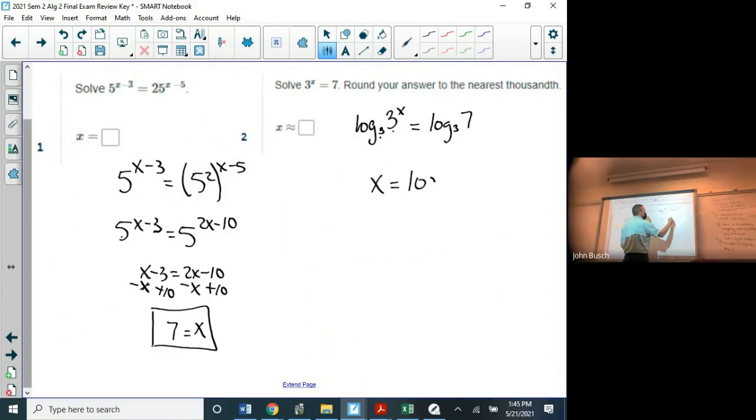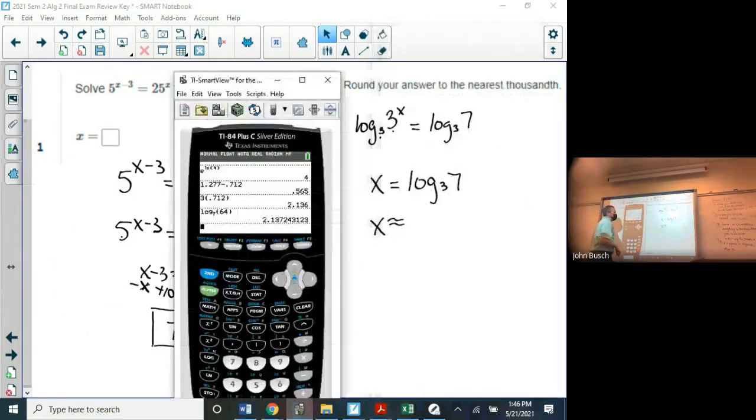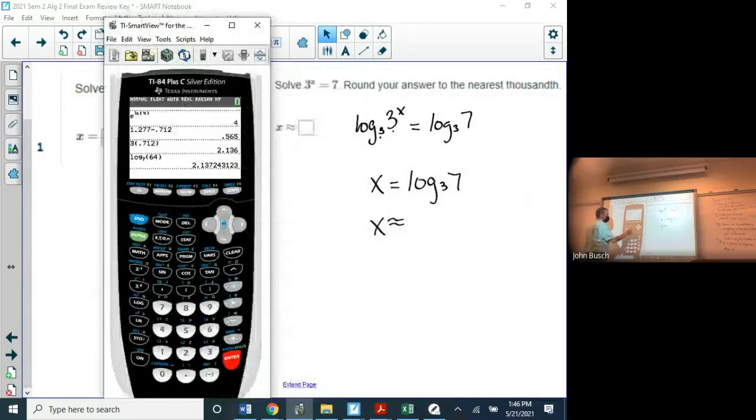So x equals log base 3 of 7. And if we need to find a decimal approximation, rounded to the nearest thousandth, that's 3 digits past the decimal place. Log base 3 of 7 is 1.771.